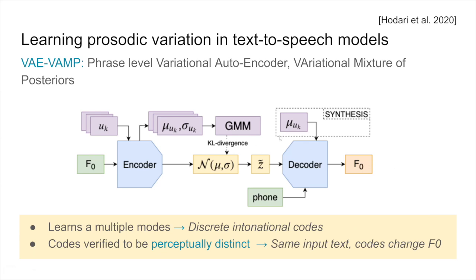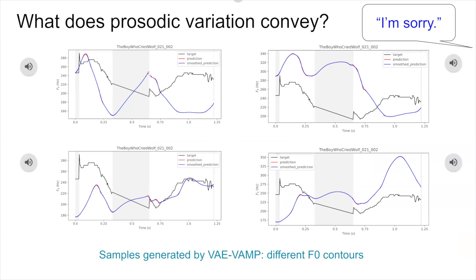Then when you want to do synthesis, you choose one of these codes and it should do something that makes it different. The goal at that time was just to see whether it did something different. We had some ideas that maybe it would change the emphasis, like prominence positions, or do something structural. And what it did instead was like this.